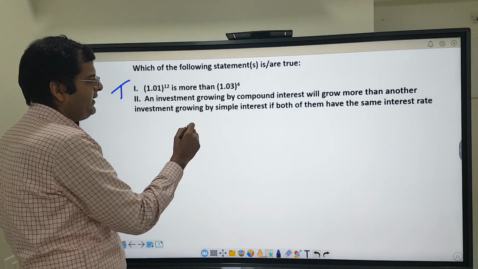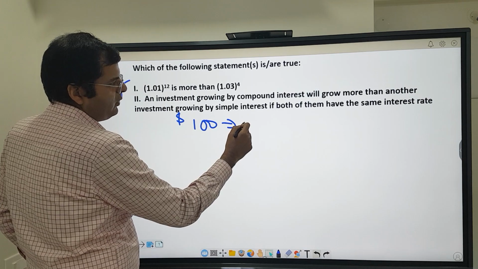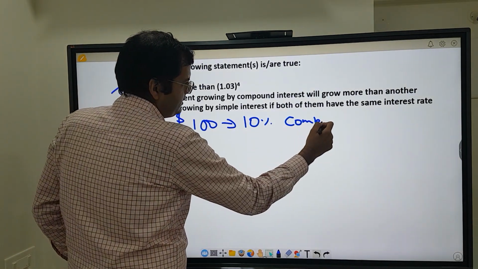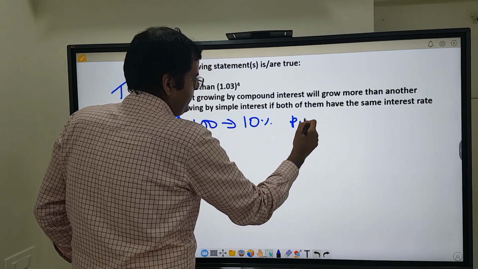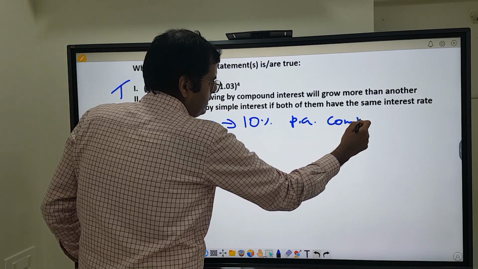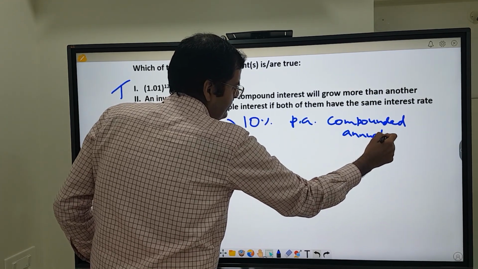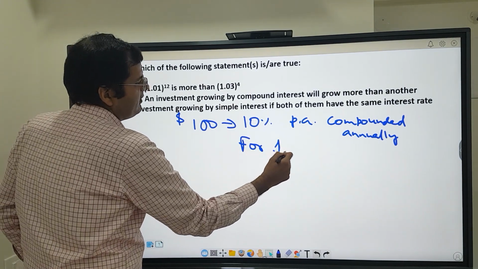So for example, if I write $100 is to grow by 10% compound interest, 10% per annum compounded annually for 1 year.